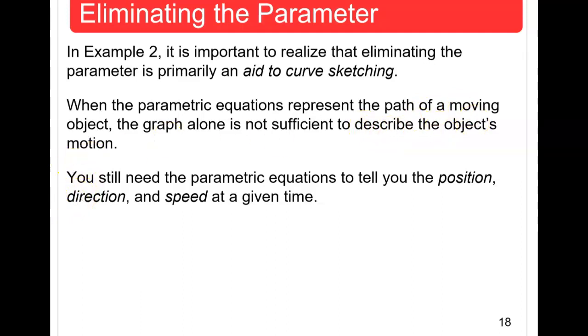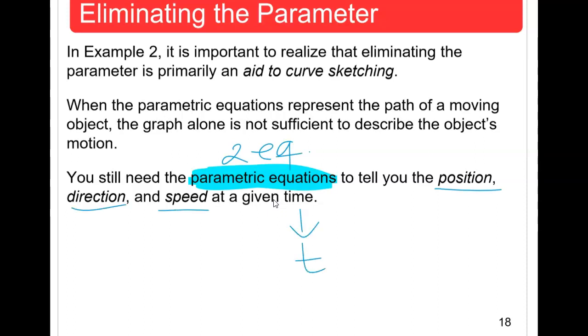So you still need the parametric equations, the one that is x equals and y equals, to tell you the position and the direction and also the speed at any given time. You can get position, direction, and speed at any given time.